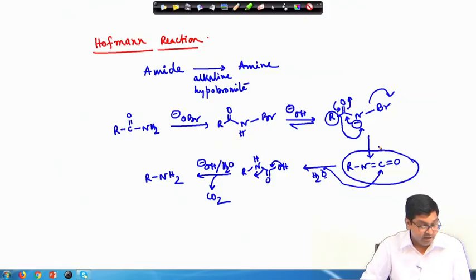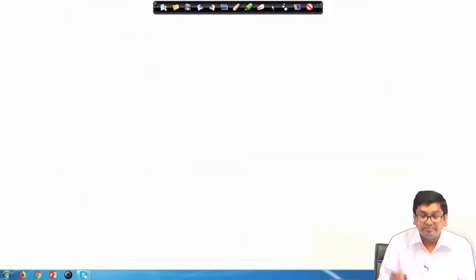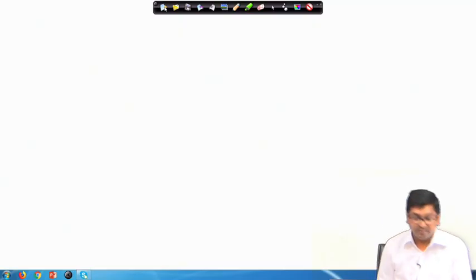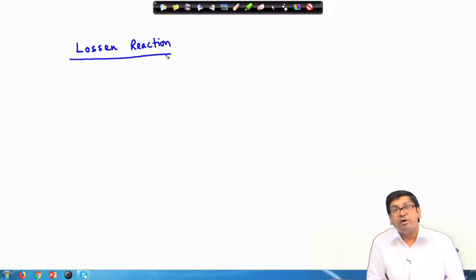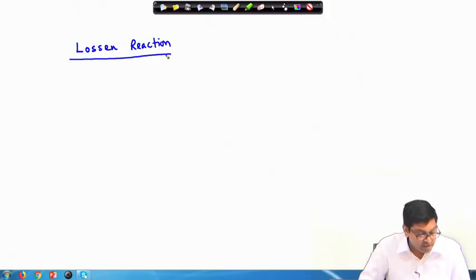Okay. Next we will see the third type of rearrangement reaction, that we can call the Lossen reaction. Okay. This is also similar to the Hofmann reaction, but only in this case, in spite of bromide, the leaving group is the O-acyl derivative of the corresponding hydroxamic acid. Okay.